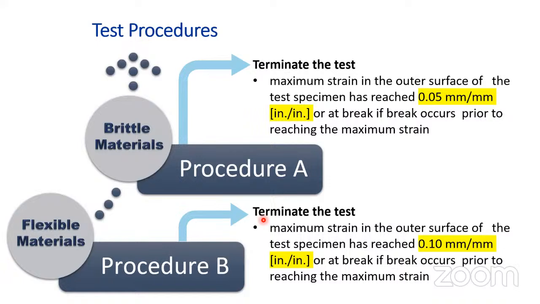So what is the test procedure over here? As you asked, till what point can we test the specimen? In procedure A, we can terminate the test when the maximum strain in the outer surface of the test specimen has reached 0.05 mm per mm or inch per inch, or at break if break occurs prior to reaching the maximum strain.